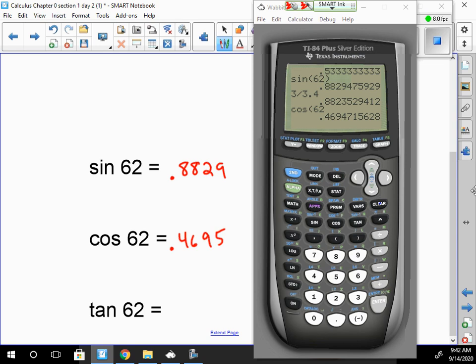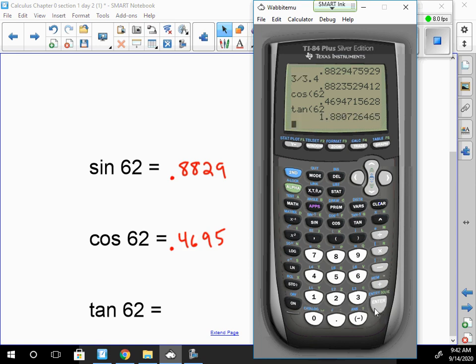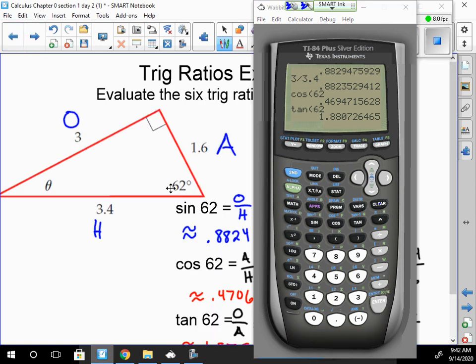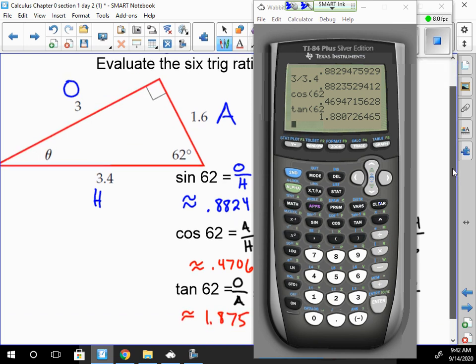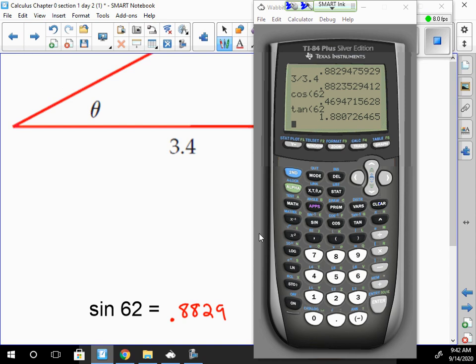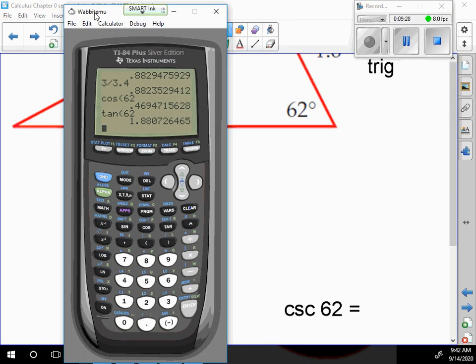If I do tangent of 62, I get 1.8807. And if I look back, 1.875. So do we know what's accounting for these differences? One thing that could be accounting for it is that our original decimals would have been rounded off, like the 3.4 and the 1.6.